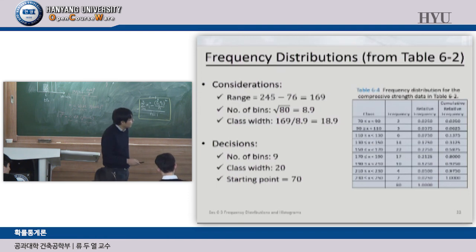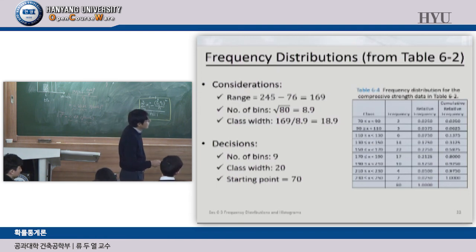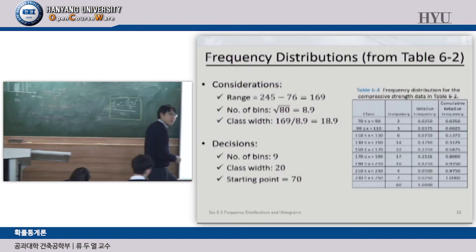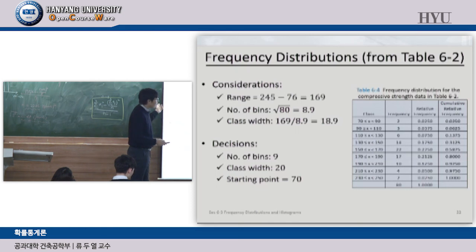The summation of the relative frequency should be equal to 1. We calculate the relative frequency in the last column. As compared to the previous stem and leaf diagram, this is more effective.